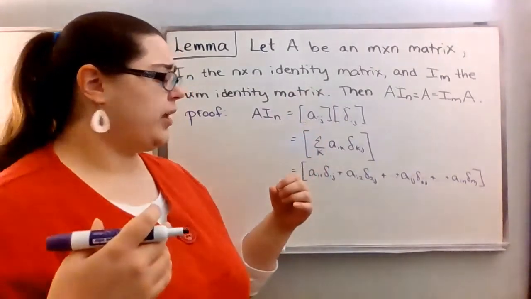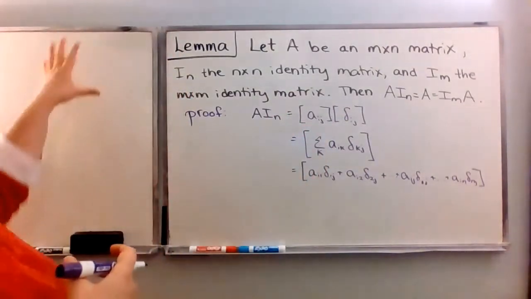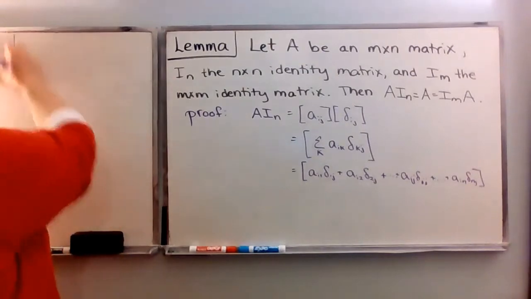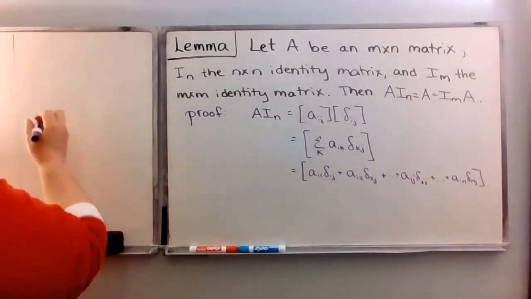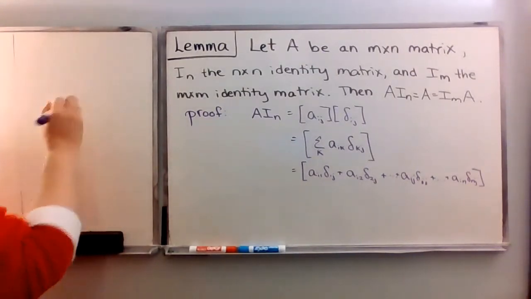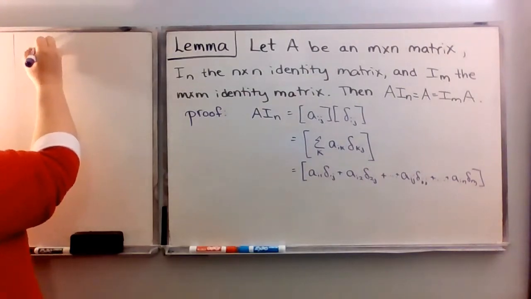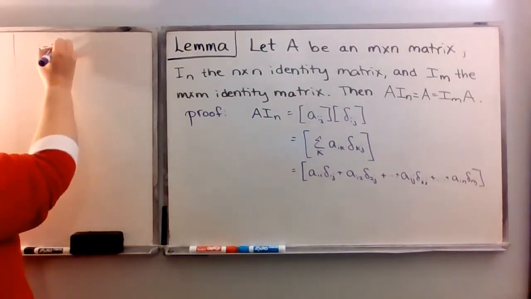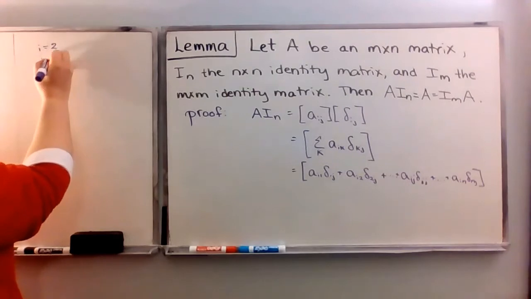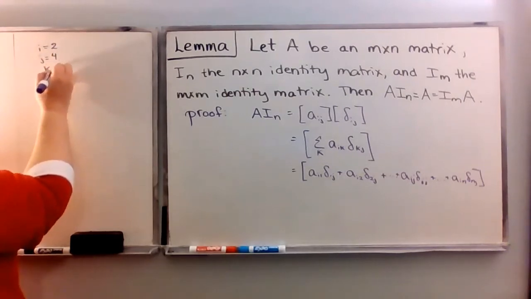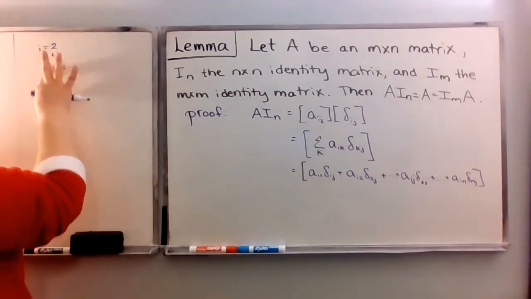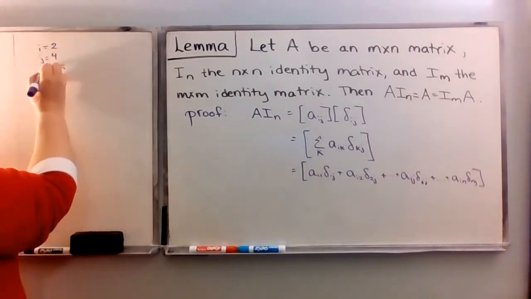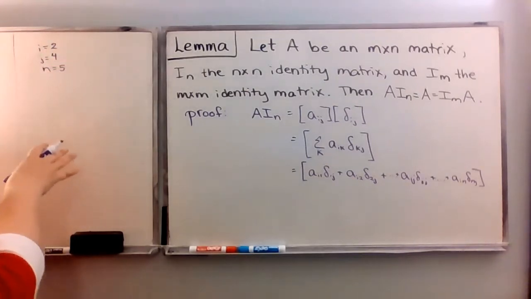I'm going to draw a line so I know where to stop. Okay, so let's say, just so we know where we're at, i is 2, j is 4, and n is 5, so we have an idea of what this looks like.